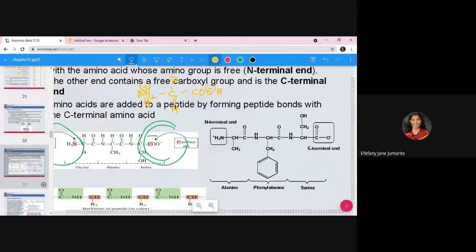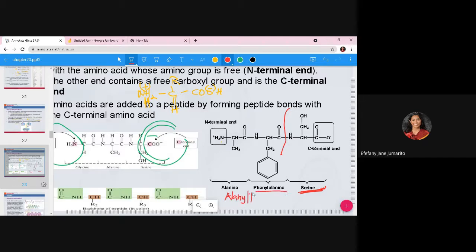So what's the C-terminal amino acid? Which is the last amino acid, class? Serine, ma'am. We have serine. That's the last name. Then for the backbone, we have alanine, and we end it with YL, so we have alanyl.